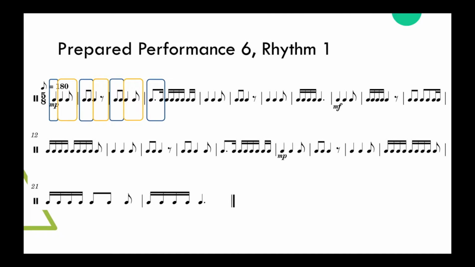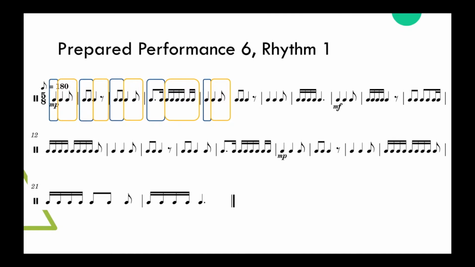Then we have a dotted quarter and a 16th, and then 3 more beats, so 6 16th notes, and I reflect that as 2 plus 1 there, so the beaming is not all the way across. You've got these 4 16th notes beamed and then 2 16th notes beamed. Quarter note plus a quarter and an eighth.